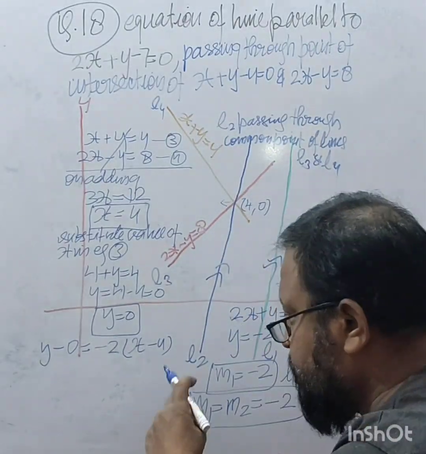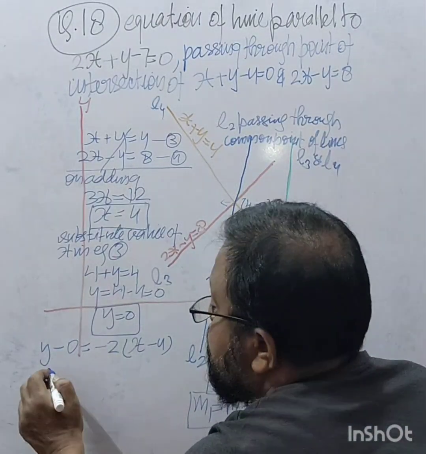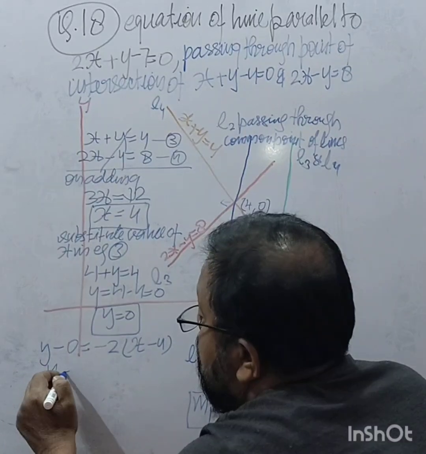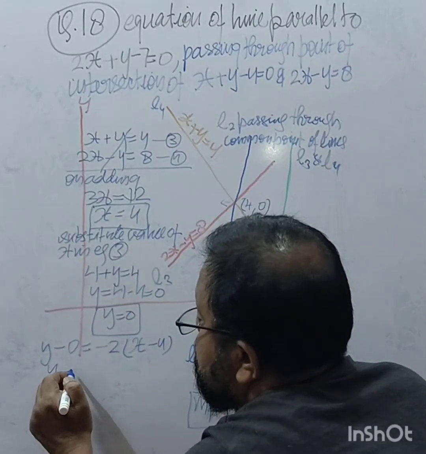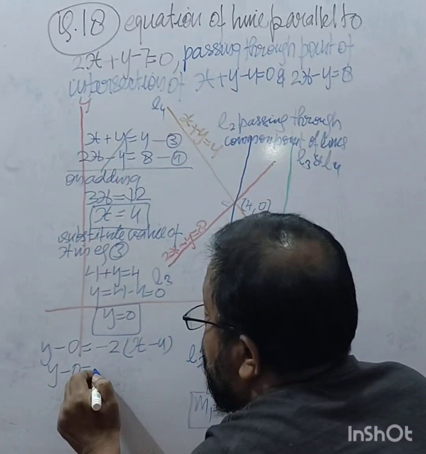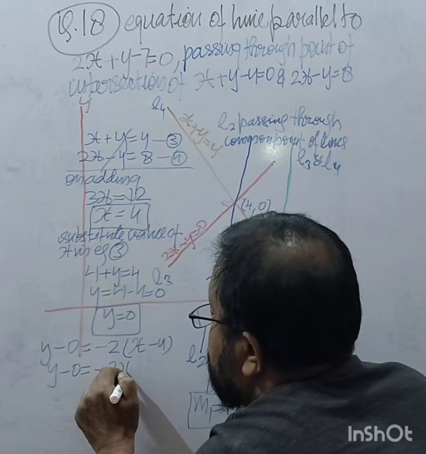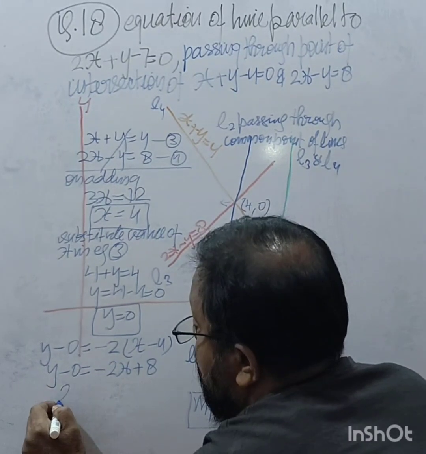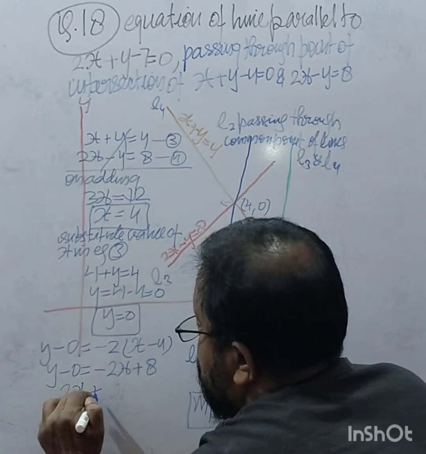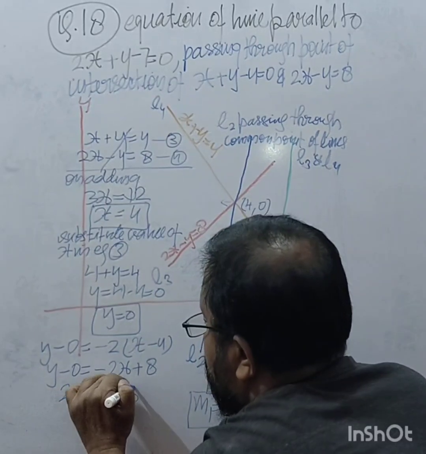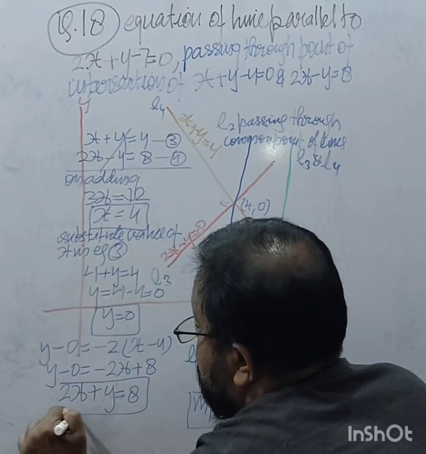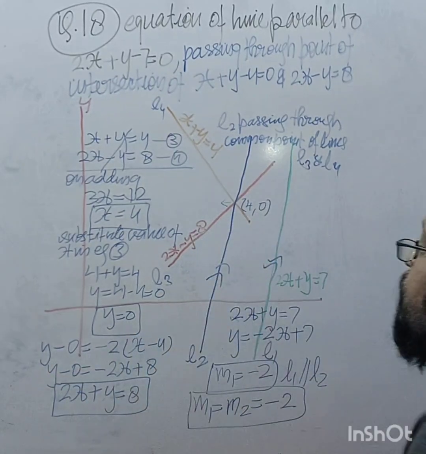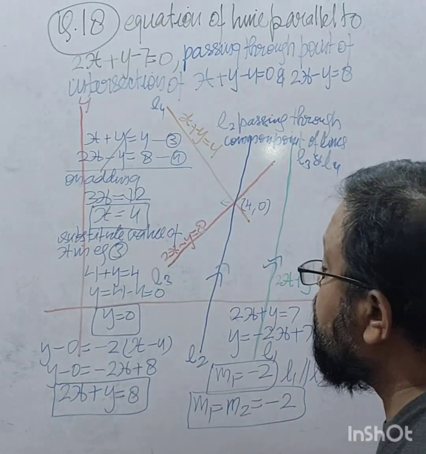So it is y minus 0 is equal to minus 2x plus 8. So we can write 2x plus y is equal to 8. So this is the equation of line, right?